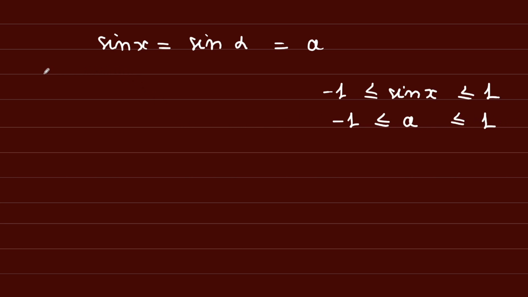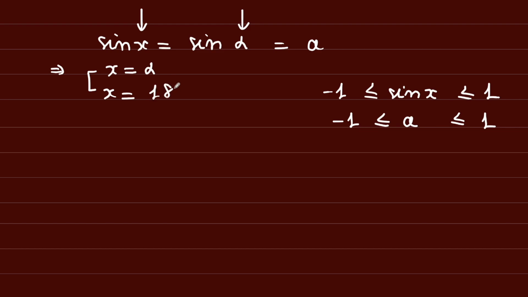Okay, so after this, I need to give you the two general solutions. The first general solution is based on two angles. The first angle here is x and the second one is alpha. For the first general solution, you get x equal to alpha. And for the second one, we need to figure out the supplementary of the alpha angle.